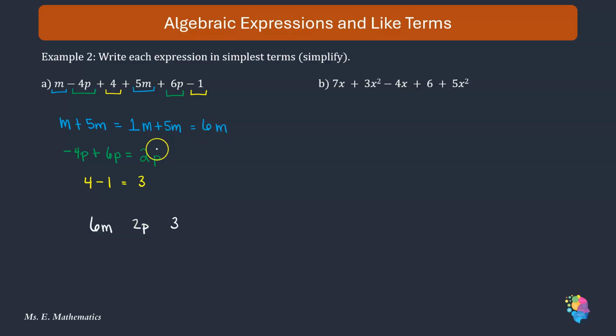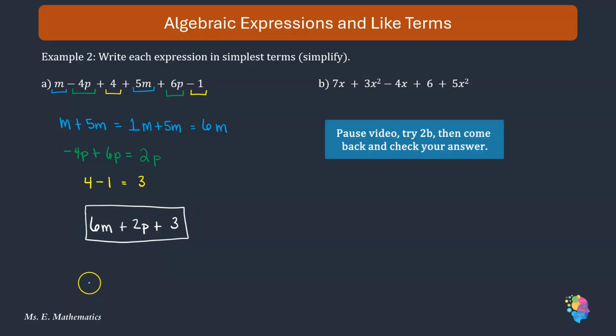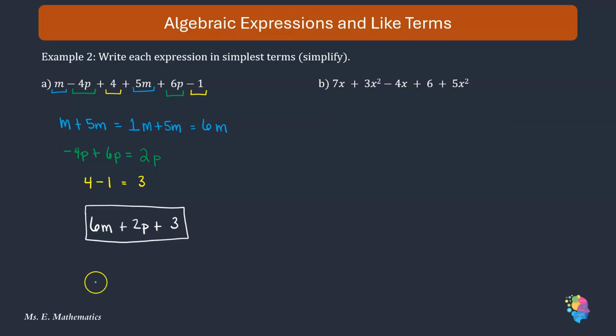Since they are all positives, we're going to put pluses around them, and this becomes our algebraic expression in simplest form. All right, you might want to try and pause this video and try 2b, and then come back and check if you got the same answer, okay?